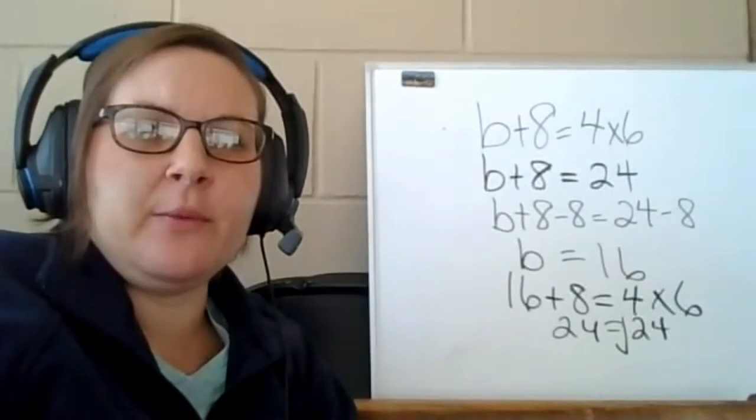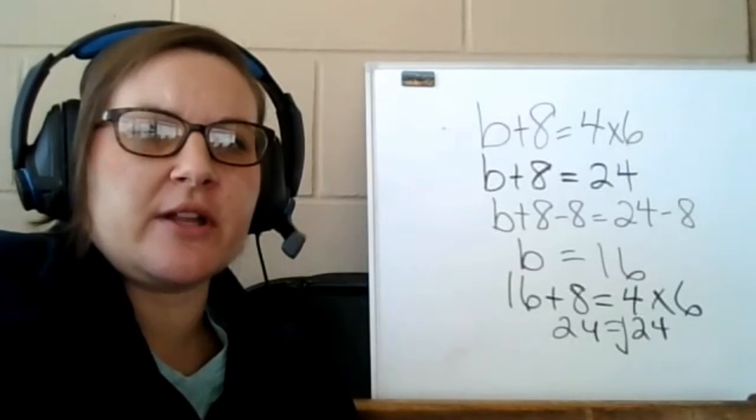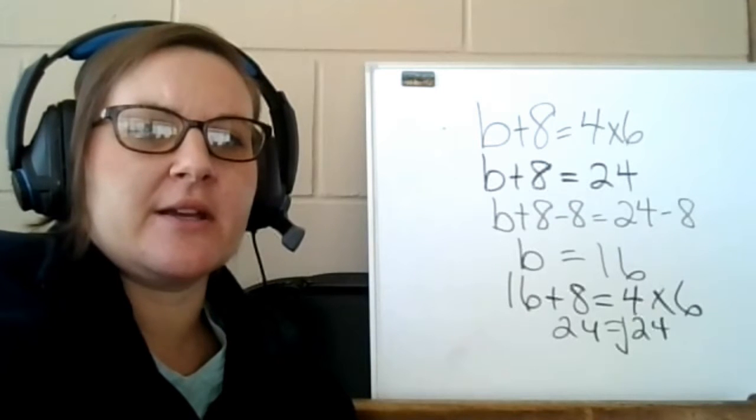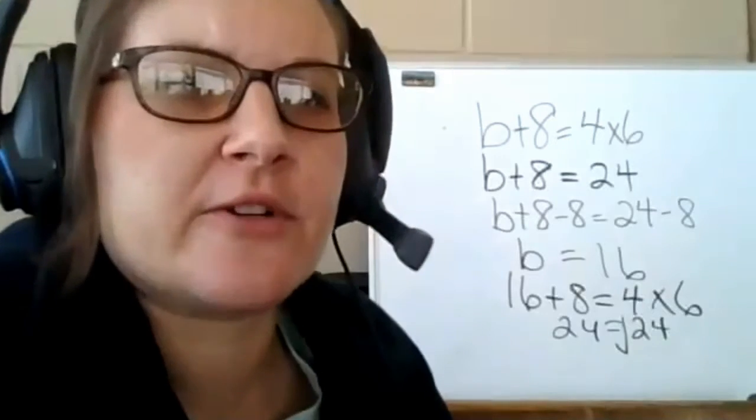And this should be what's in your book. When you look at your book, this is what it should look like. This whole entire problem I just wrote should be what number 1 looks like in your book. Hold up your paper so I can see that this is what it looks like for number 1.